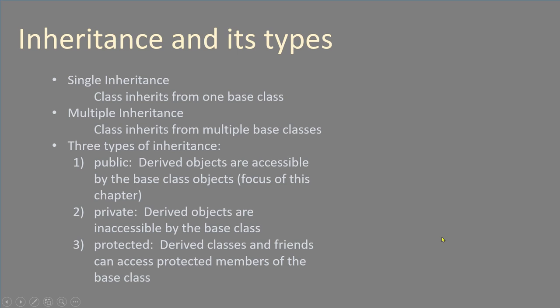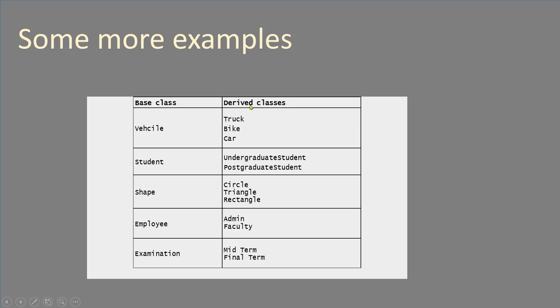Let's discuss some more examples of inheritance. For example, I have a base class vehicle. There is some spelling mistake; I'll correct it in the revised slides. The base class is vehicle and it has some derived classes, for example, truck, bike, and car. Student is a base class, and then I have subtypes undergraduate student and postgraduate student.